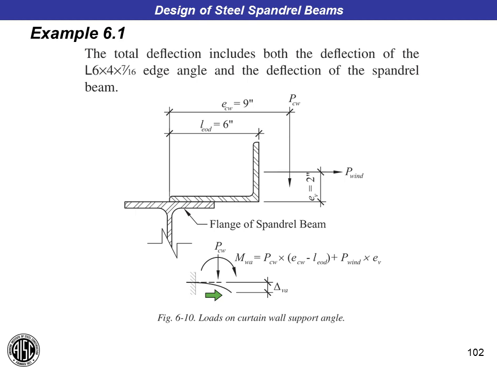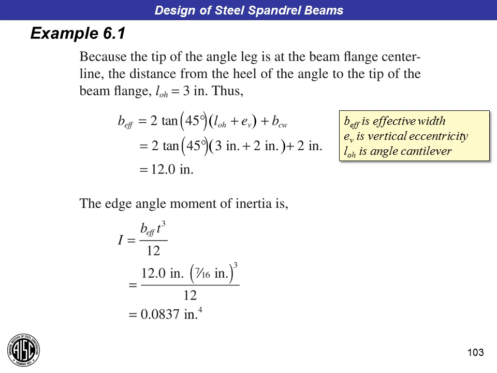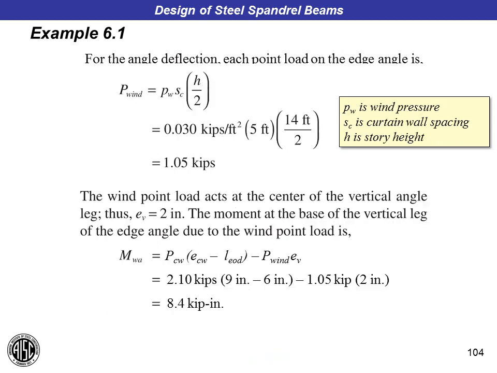When we do that, we distribute it over an effective width. Again, as we did before, spreading that out over a 45-degree angle, we find we have an effective width of 12 inches, and we compute the moment of inertia for that effective width, given it's a 7/16 angle, and find it's just about 0.08 inches to the fourth.